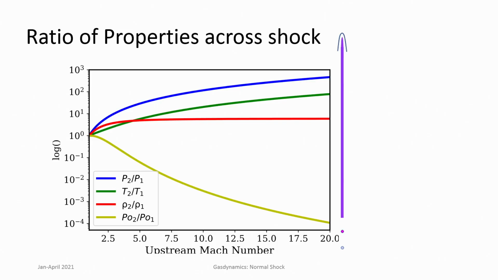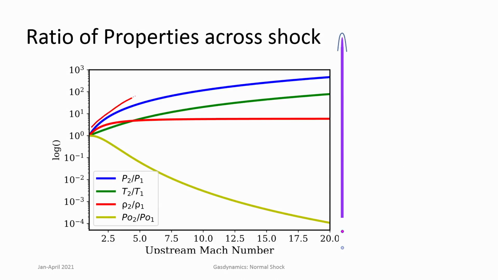So now let us put them in. We know how these expressions are, and let us plot them and see how they vary over Mach number. You can see that they vary quite rapidly, and because they vary so rapidly, we cannot plot them on a linear scale. The increase in pressure due to the shock as the shock Mach number increases is enormous.